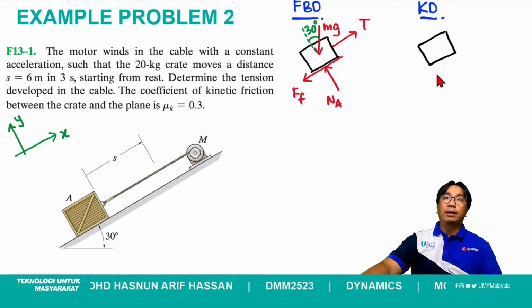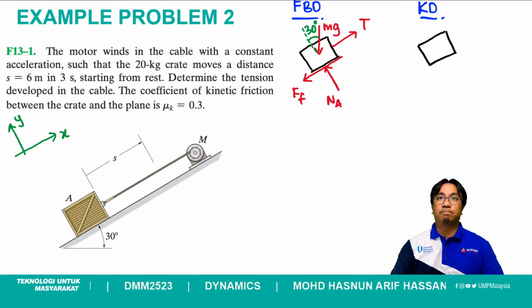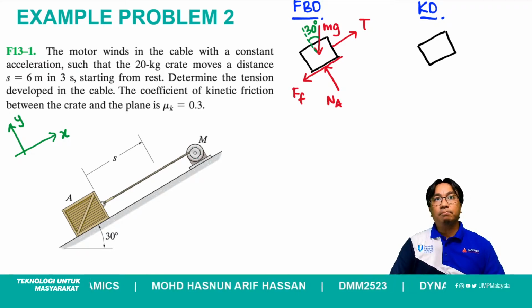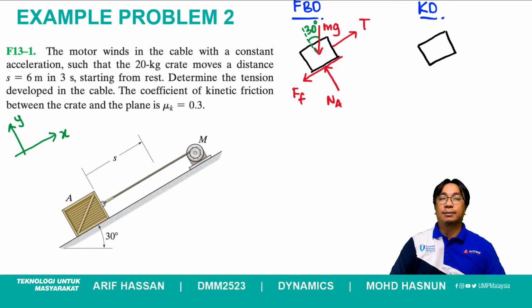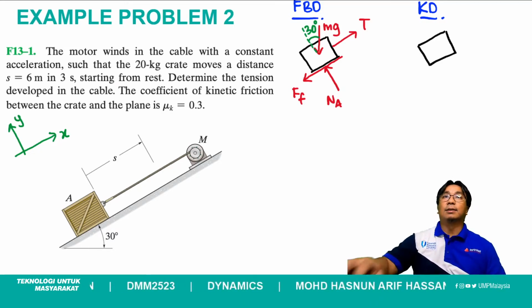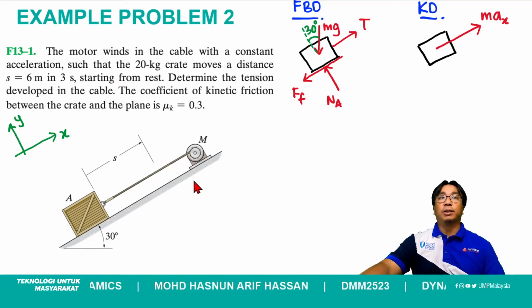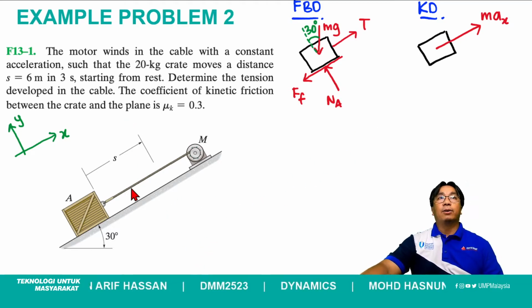Okay, how many arrows do you have for kinetic diagram? I think 1. In y-axis or in x-axis? X-axis. Correct. In x-axis, 1 arrow, max, because the box is not moving up and down. Okay.